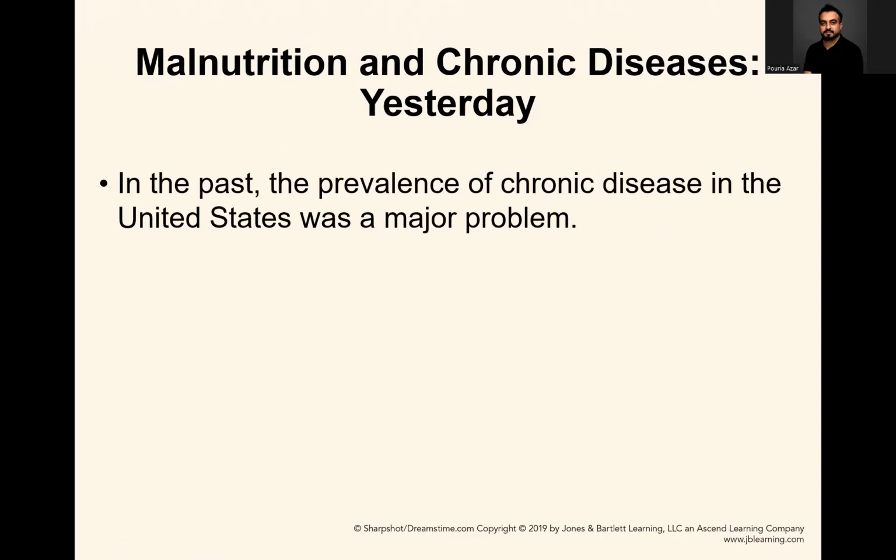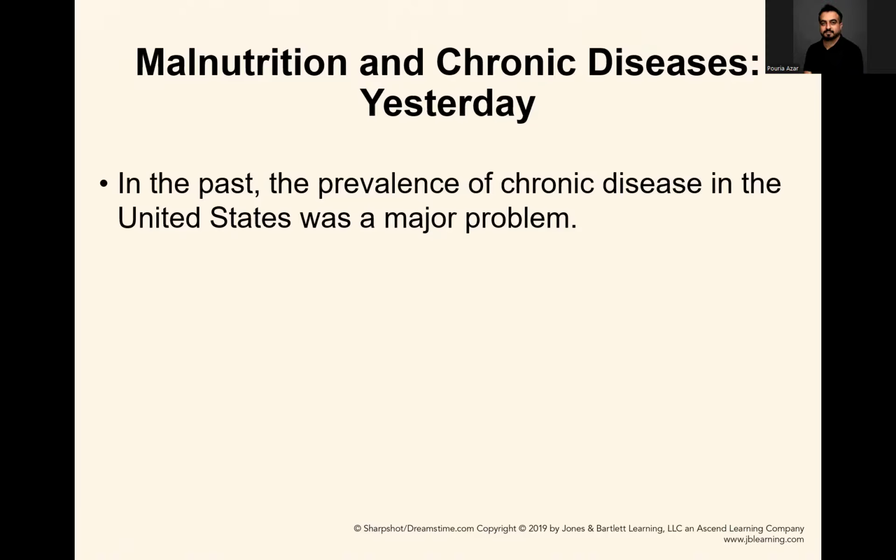According to the literature, in the past, the prevalence of chronic diseases related to nutrient deficiencies was a major problem in the United States. So we can develop some chronic diseases that stem from micronutrient or macronutrient deficiencies.